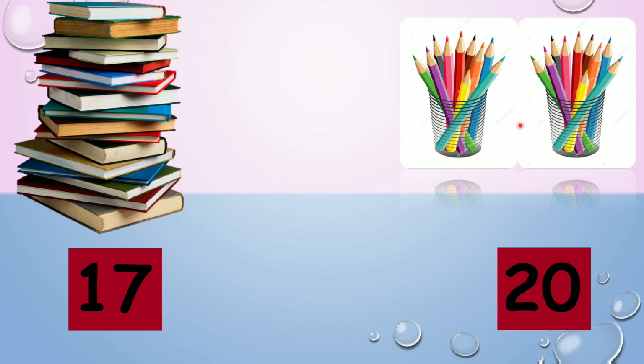Now this side, how many colored pencils do we have together? Let's count and confirm to see if they are indeed 20. 1, 2, 3, 4, 5, 6, 7, 8, 9, 10, 11, 12, 13, 14, 15, 16, 17, 18, 19, 20.